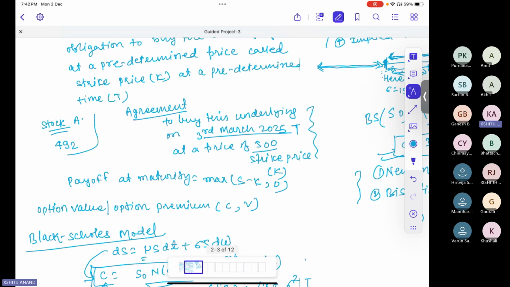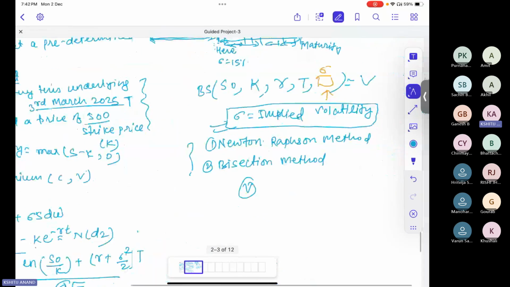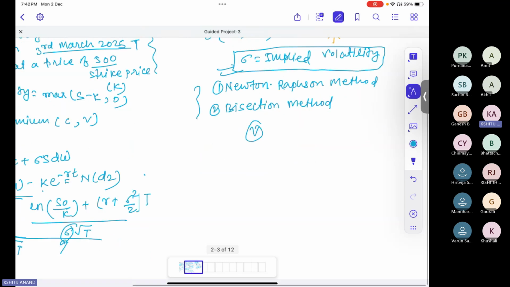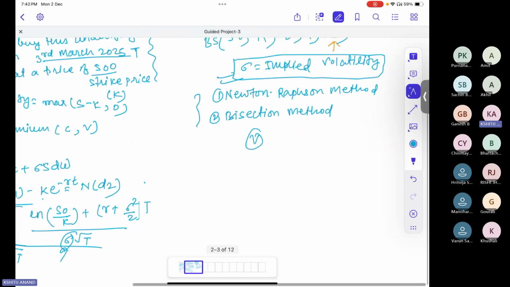So this call option price, the premium, is a view about the future, right? And since it is a view about the future, you can say that this implied volatility is a view about the future volatility. That means in the option's lifetime, what will be the volatility observed in the underlying in the coming time? If you are calculating the implied volatility right now, this is the time to maturity.